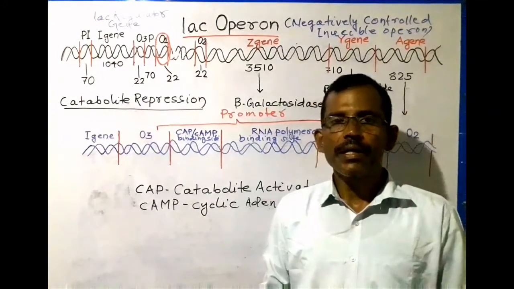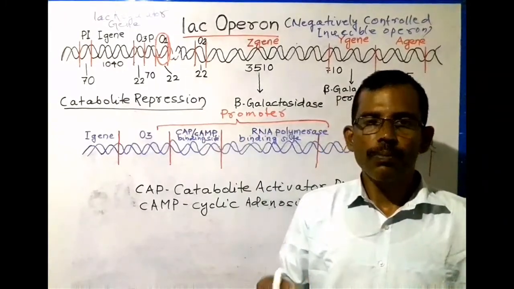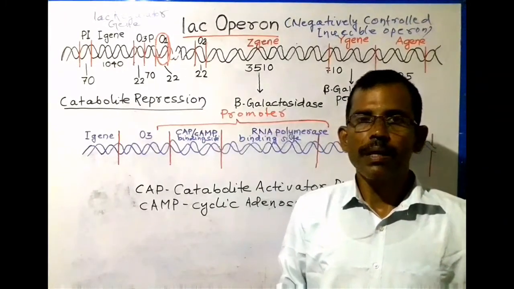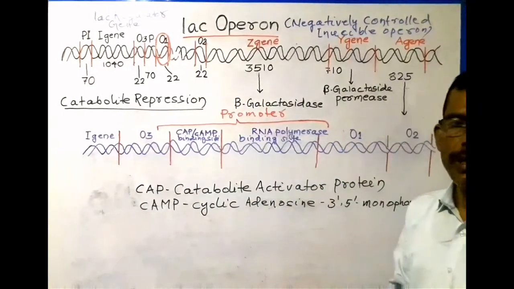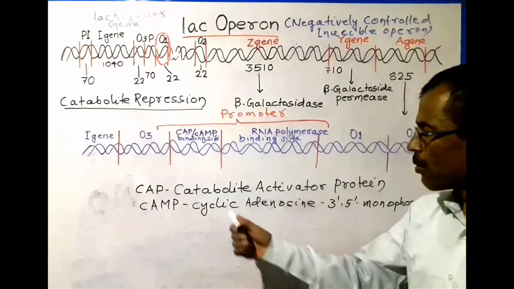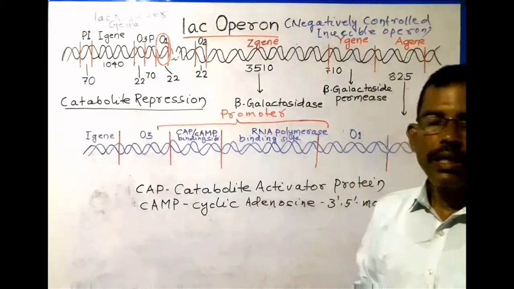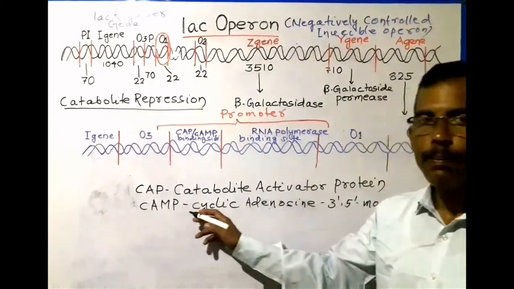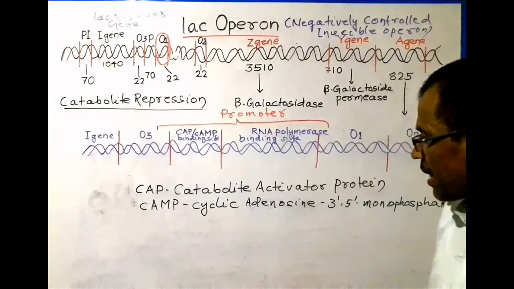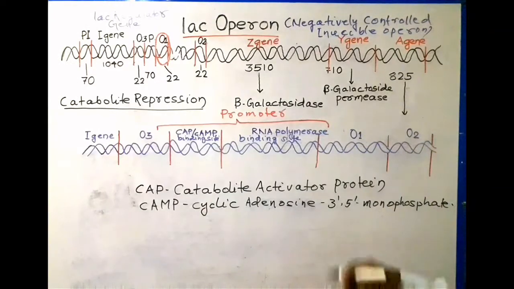The catabolite repression of LAC operon and other related operons is mediated by a protein known as catabolite activator protein, along with a small effector molecule known as cyclic AMP. Cyclic AMP is cyclic adenosine 3,5 monophosphate.